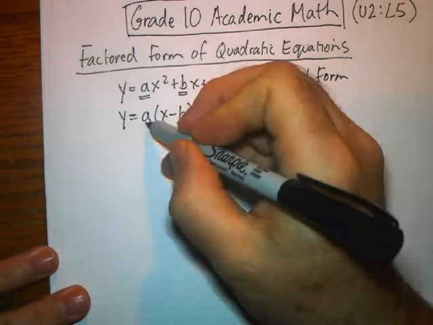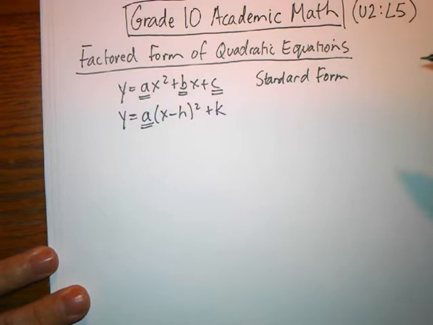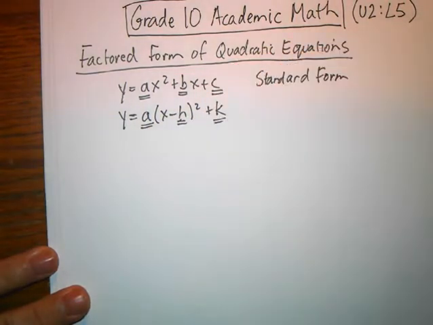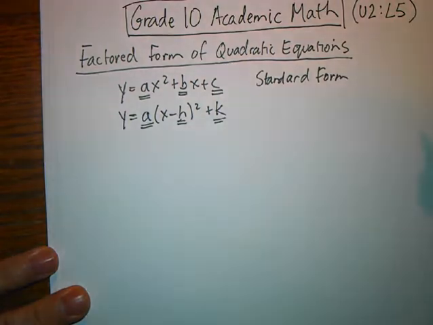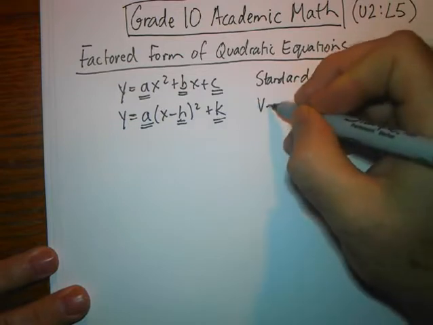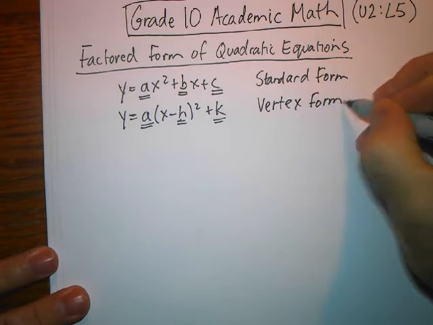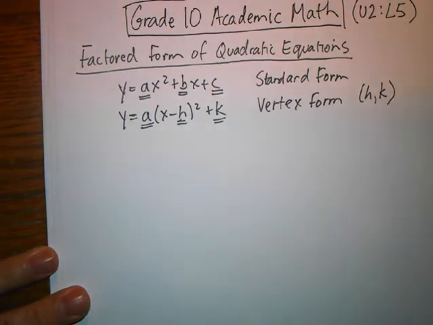Here's another a, exactly the same value that the original equation would have. But we have these two new values, h and k. The h and the k turned out to be the coordinates of the vertex. So mathematicians decided to give this the name vertex form for good reason, because it gives you the vertex. The vertex of this equation would be whatever the values of h and k were.